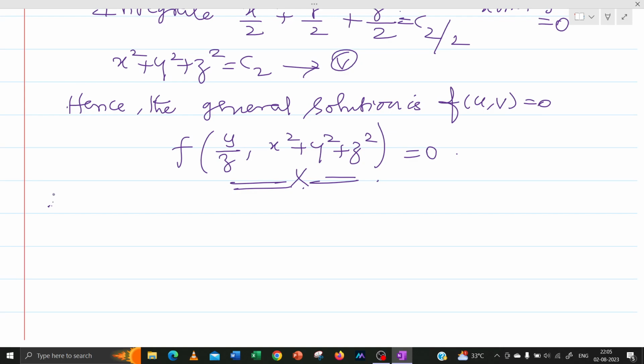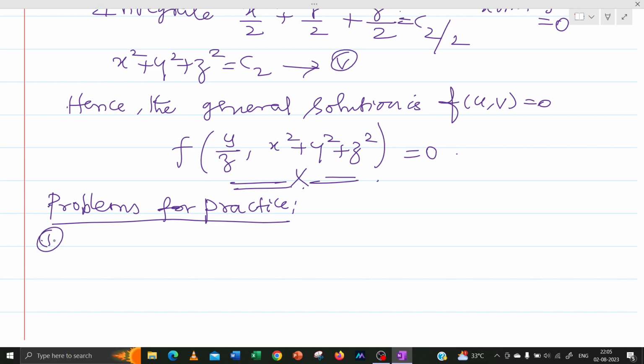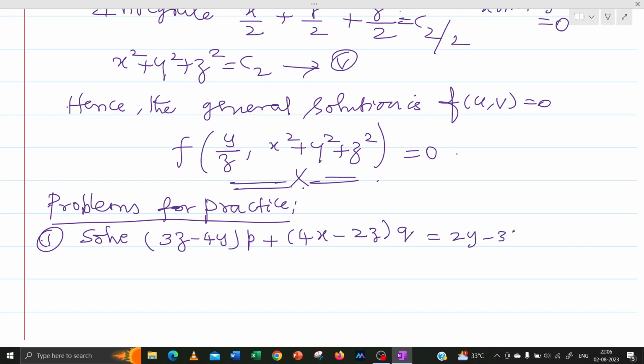Here I am giving one or two problems for practice. First problem, solve (3z minus 4y) p plus (4x minus 2z) q equal to 2y minus 3x.